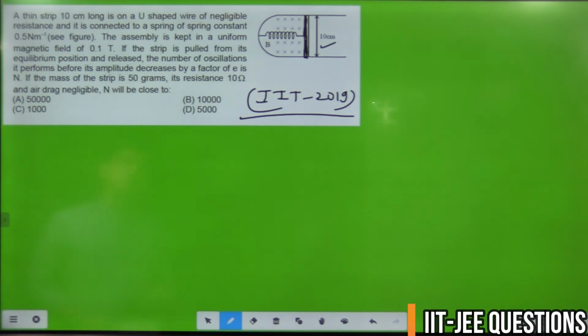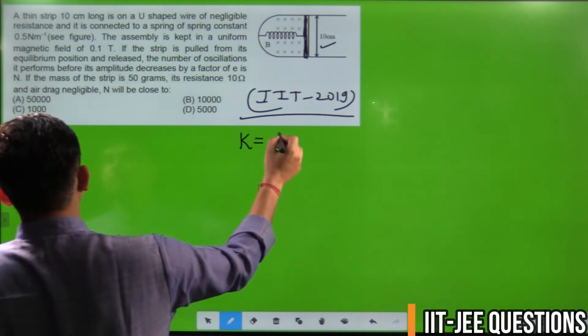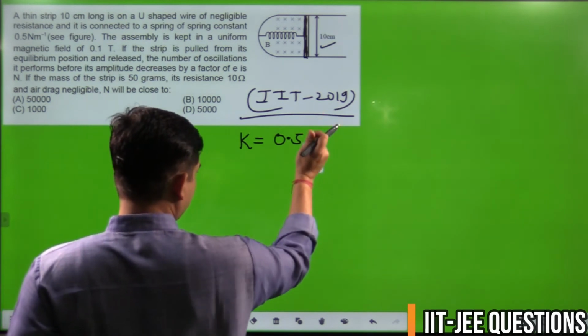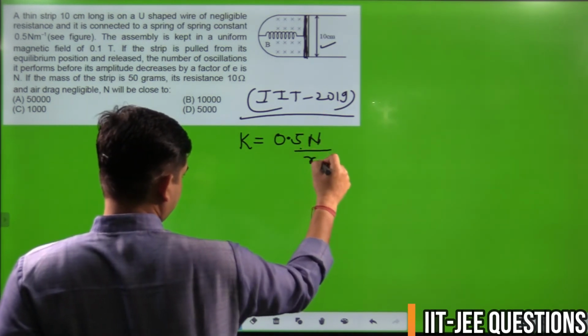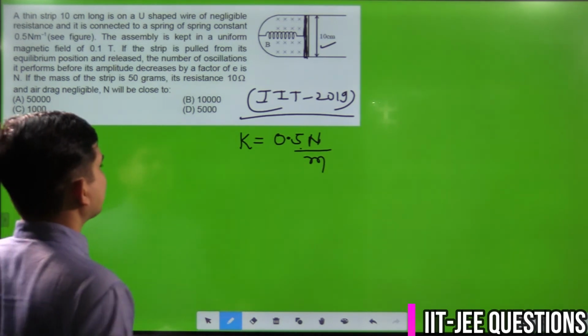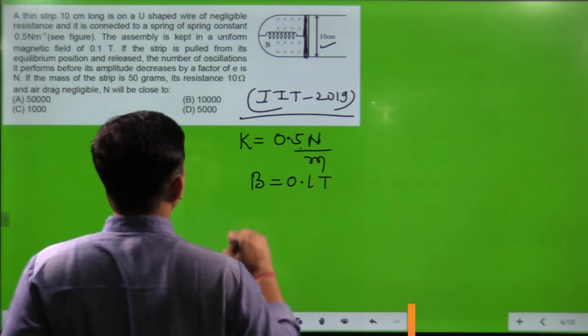It's connected to a spring of spring constant, meaning the value of K, 0.5 Newton per meter. The assembly is kept in a uniform magnetic field of 0.1 Tesla, meaning B is 0.1 Tesla.